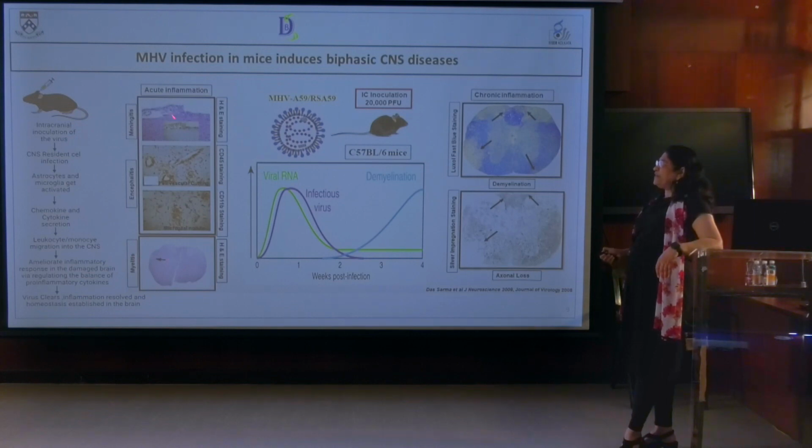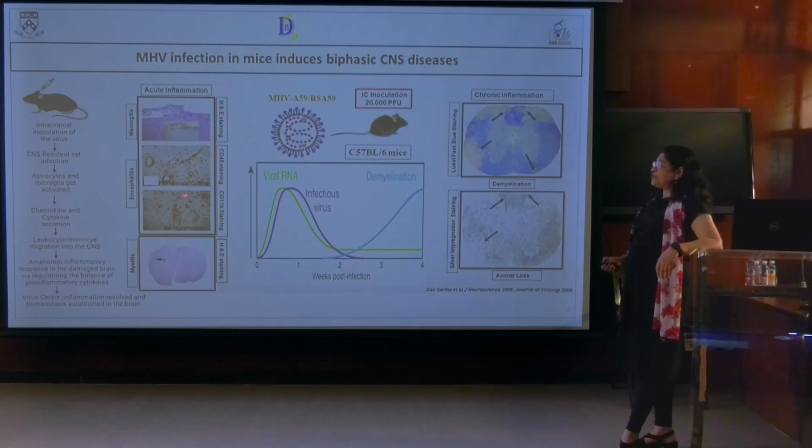During the acute stage, viral RNA reaches its peak by day 5 to 6 post-infection. Infectious virus particles also go up by day 5 to 6 post-infection. After that, the inflammatory peripheral immune cells start to come and check the viral replication.